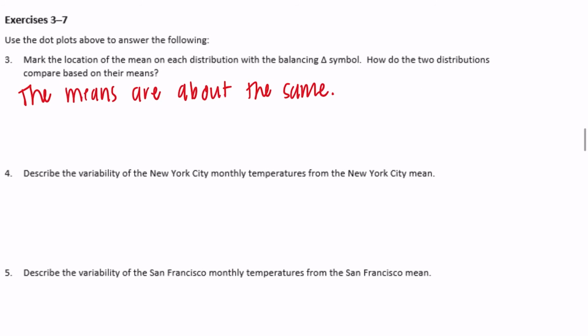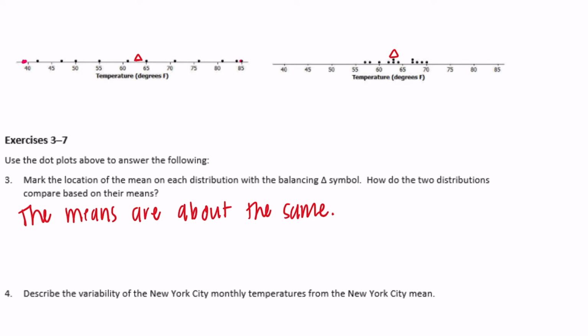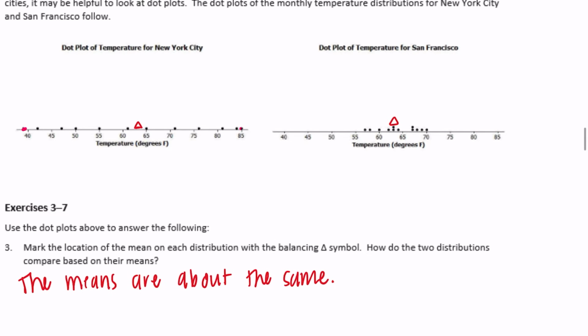Number 4, describe the variability of the New York City monthly temperatures from the New York City mean. So the variability is talking about what we said earlier. The temperature ranges from 39 to a high of 85, and they're pretty spread out. They're not really gathered around the mean, they're pretty spread out.